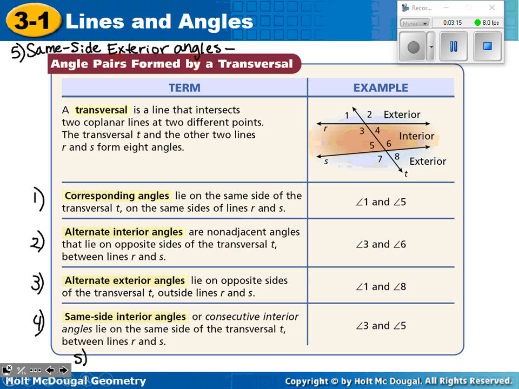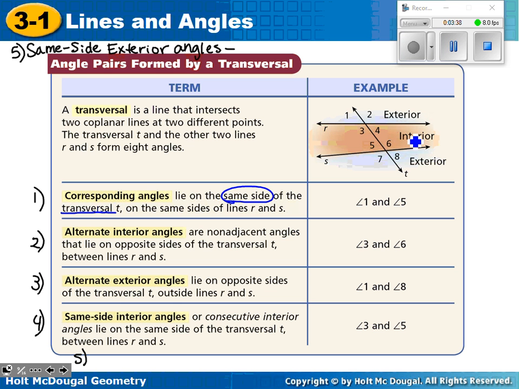So the first kind of angle is the corresponding angles. Corresponding angles are 2 angles that lie on the same side of the transversal. So first of all, let's look at my picture up here on the board. Which angles are on the same side? 1, 3, 5, and 7, okay?